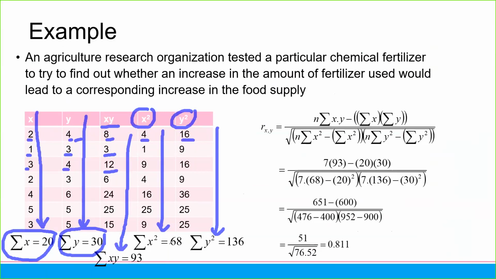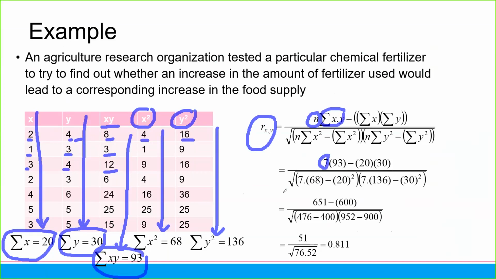After we do all the summations, we can calculate the R value. So for this R value, you can just fit in all those numbers. N is the number of the data, this is 7. And then multiply by the summation of xy.